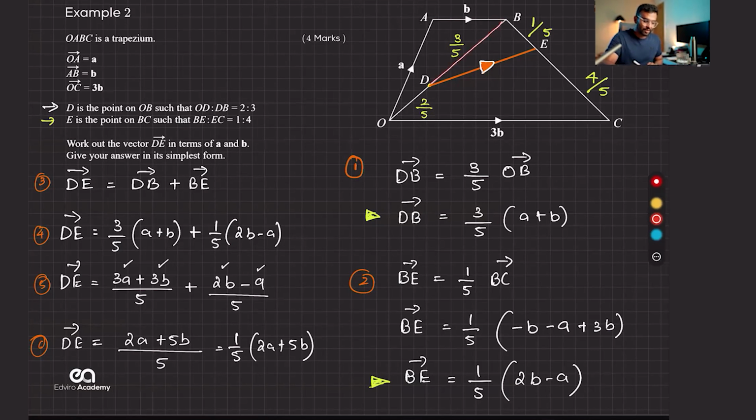Do you see that? D to B. It's right there. So we found DB as a multiple of the whole line, which is 3 by 5th of OB. You see that? It was 3 by 5th of it. And we figured out OB as an addition of A and B. We went that way, around it. That's all.